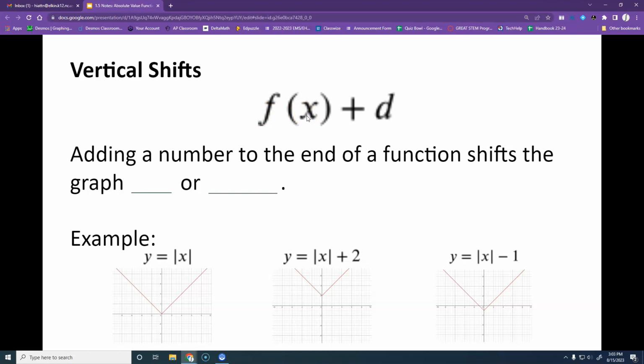So you did this some in Math 2 with quadratics, but you can also do this with a square root function or a cubic function or all kinds of different graphs. We're focusing just on absolute value right now. So if I add a number to the end of the equation, that is going to move that equation up or down.